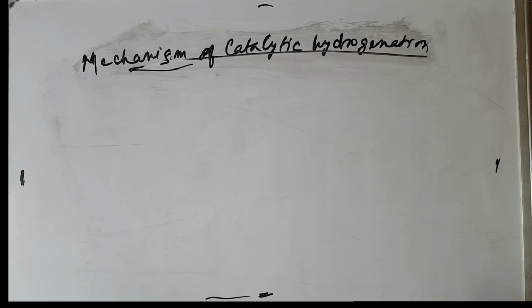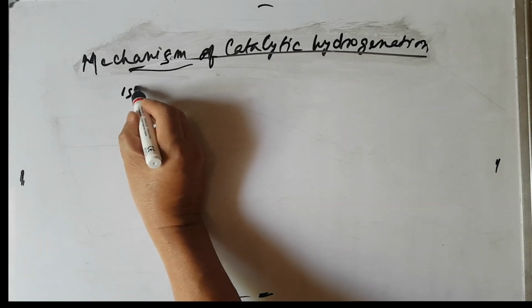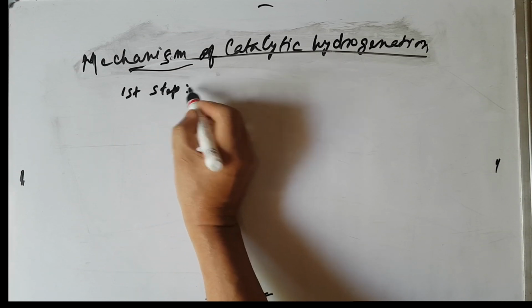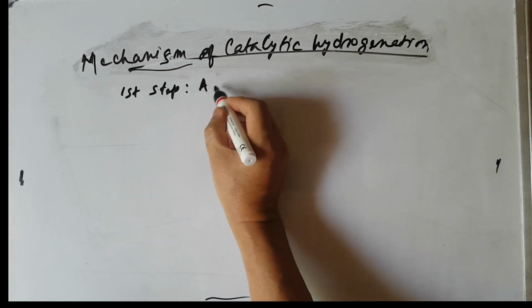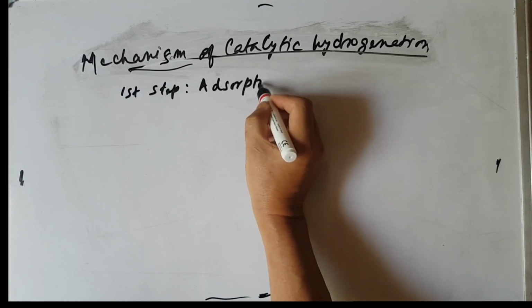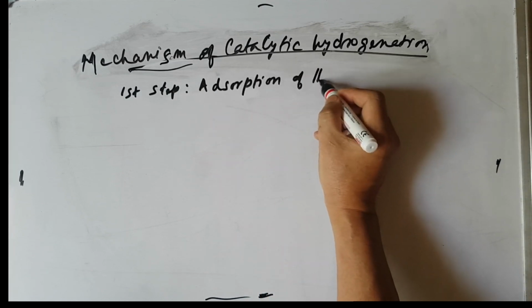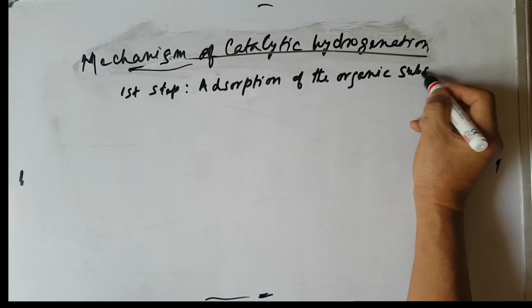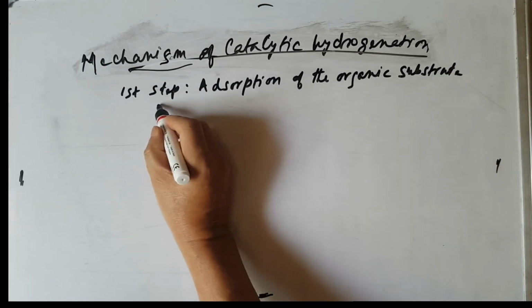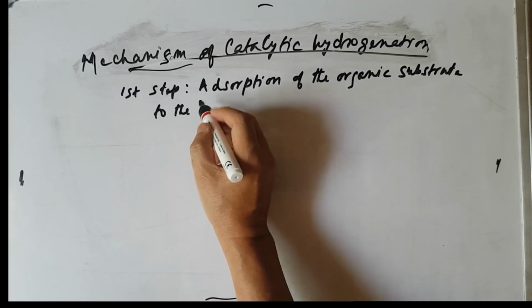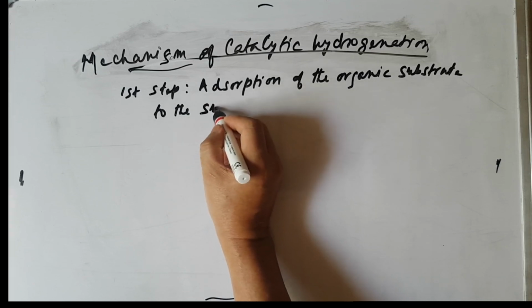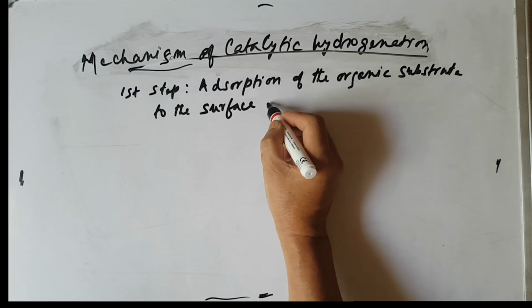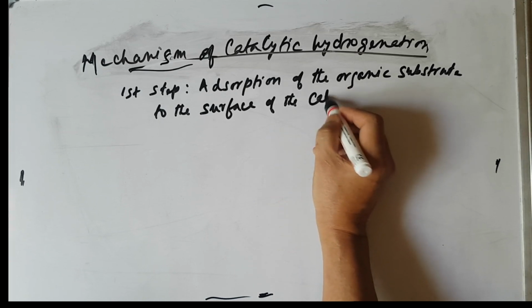Catalytic hydrogenation of olefinic compounds can take place by 3 steps. So generally, the first step is absorption of the organic substrate or compound molecule to the surface of the catalyst.